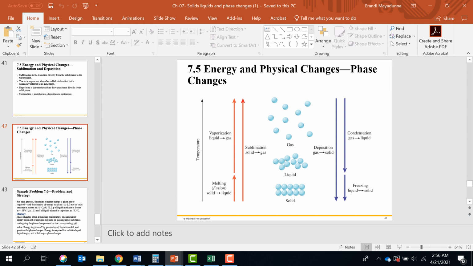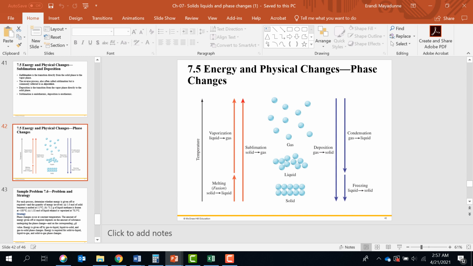And if you bypass the liquid step, with solid becoming vapor directly, that is sublimation. Going back, releasing energy. All these you need to absorb, so these are all endothermic processes.